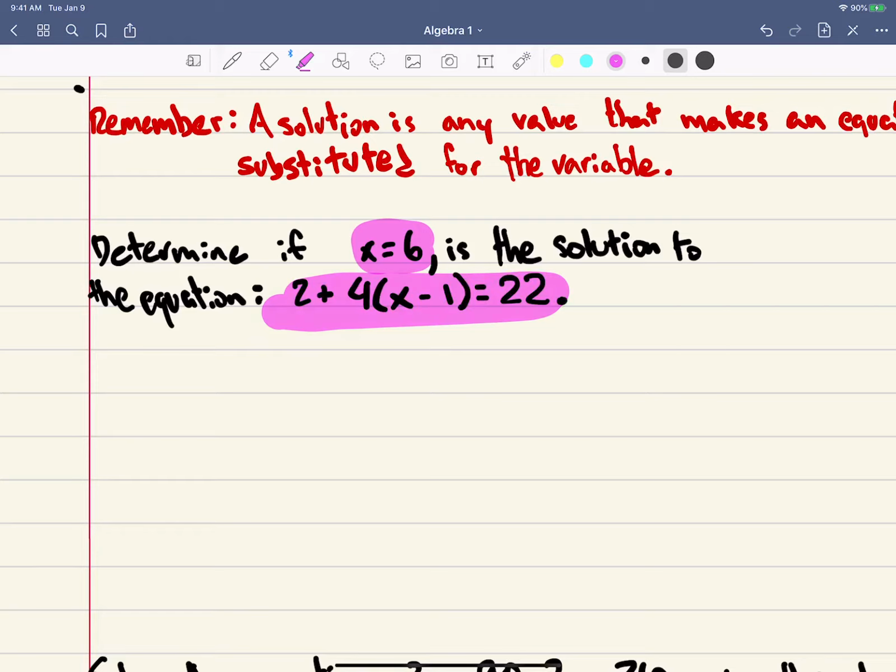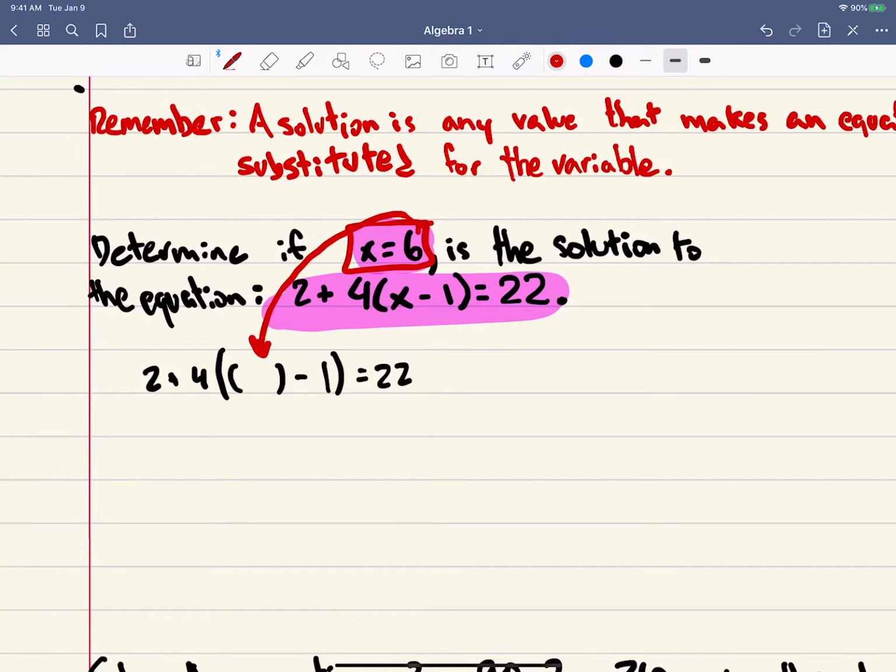We rewrite our equation, but wherever our variable x is, we put a parentheses around it: 2 plus 4 times parentheses, equal to 22. Our x is equal to 6, so we put this 6 right in here.